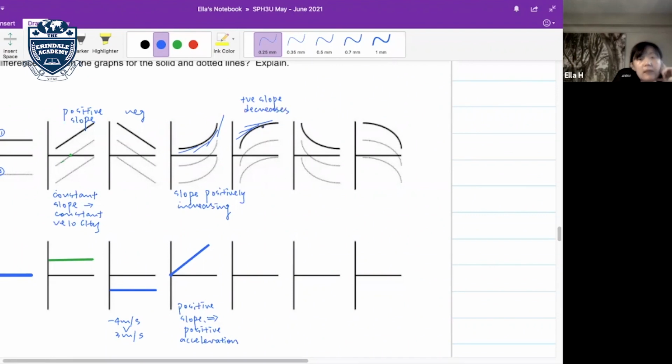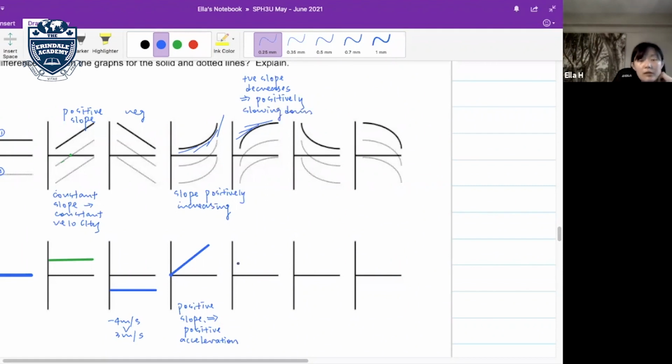So what does that mean? Slowing down, right? This one means slowing down. It also means positively slowing down.